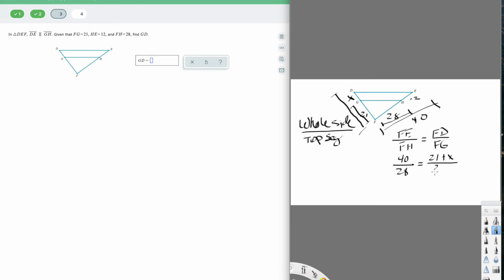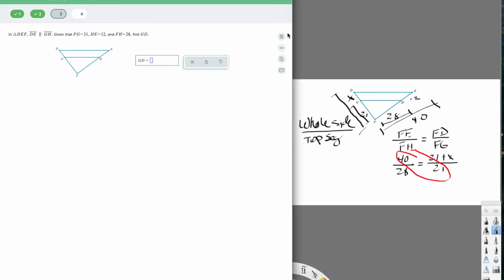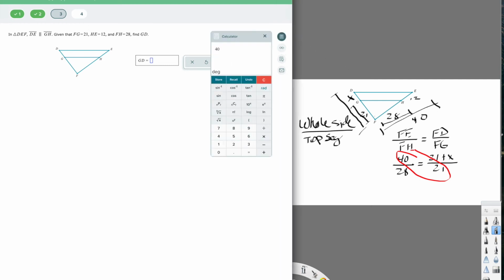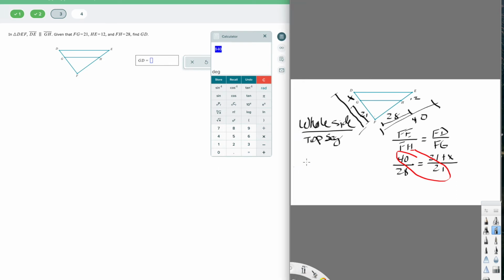So now I can do this proportion. I have a ratio equaling a ratio, so we can go back to proportion, so we can just multiply these together. And they did give me a calculator, which is very nice of them. So 40 times 21, and we get 840 equals, and we'll do the cross multiplication this way.